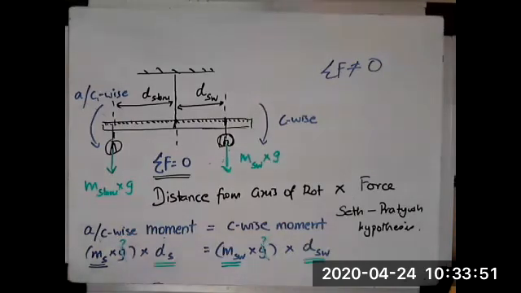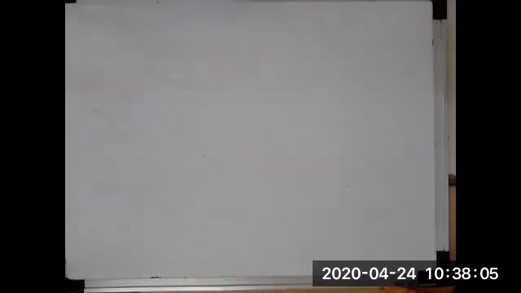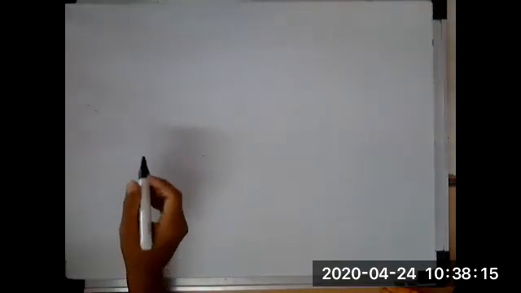So now we should really move on from this and look at the next situation that is possible. The next thing that I want to pick up is the following.